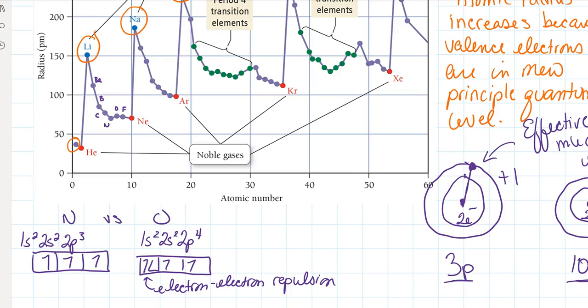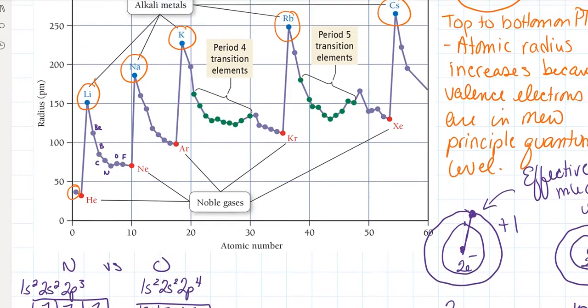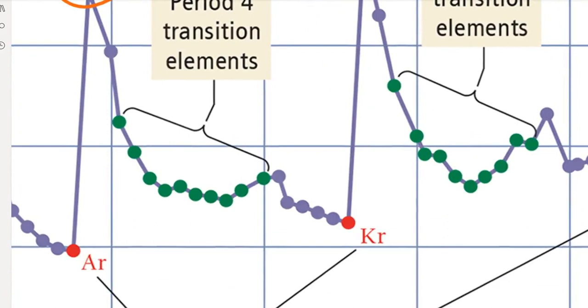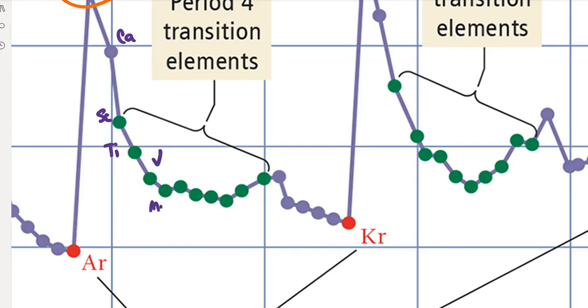Now, there's some other interesting trends here within our period 4 and period 5 transition elements. So when we take a look at the periodic table, why is it that we observe an increase? Kind of moving along, let's zoom in here real fast just so you can see what I'm talking about. We've got calcium, right? Yeah, that's period 3. We've got calcium, scandium, titanium, vanadium, chromium, there we go.